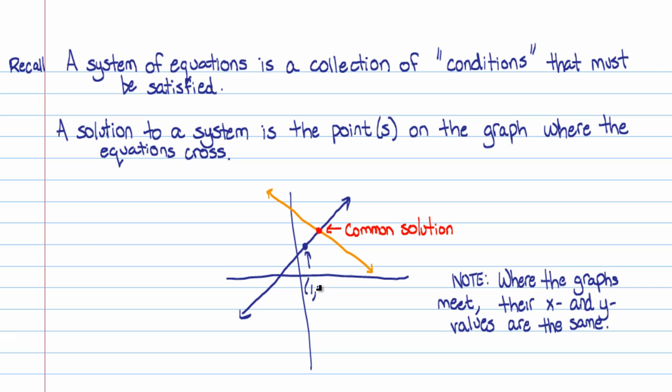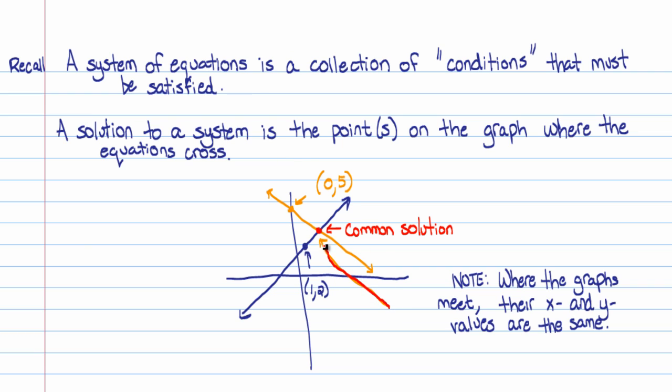That might be x equals 1, y equals 2, let's pretend. I could pick another point, this orange point here, which might be x equals 0, y equals 5. The orange equation lands on that point, but the blue one does not. However, at the common solution, both equations hit that point right there.